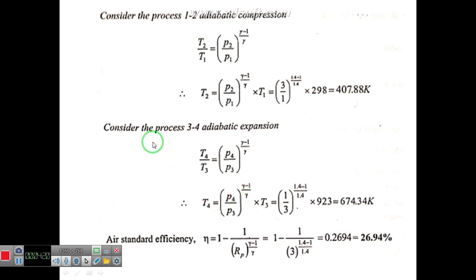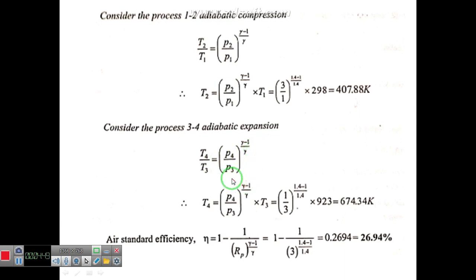Next we are going to find the value of T4. Consider the 3 to 4 process, the adiabatic expansion process. The other relation is again the temperature and pressure relation. So for the 3 to 4 adiabatic expansion, T4 divided by T3 equal to P4 divided by P3, power of gamma minus 1 divided by gamma.